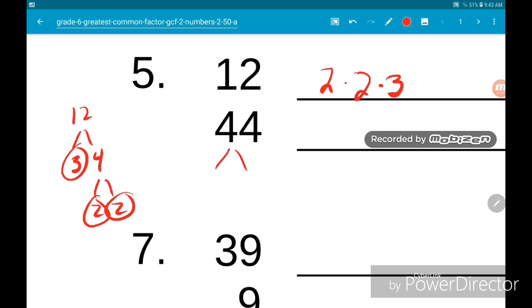What's the prime factorization of 44? It's divisible by 2, but I want something bigger. 11. 11 times 4 gives you 44. You can still do 2, get the same number, but 4 times 11, 11 is prime. 2 and 2. 2, 2, 11.